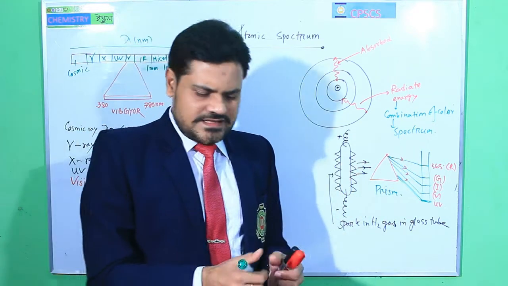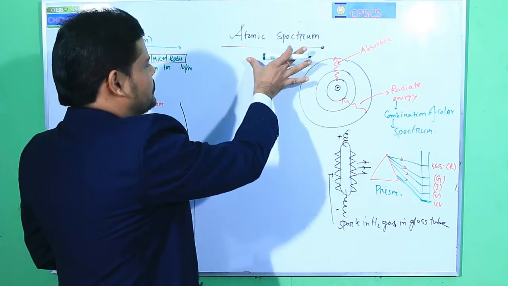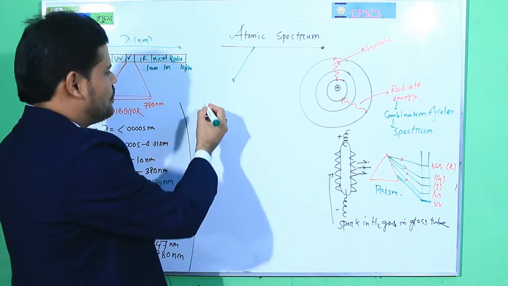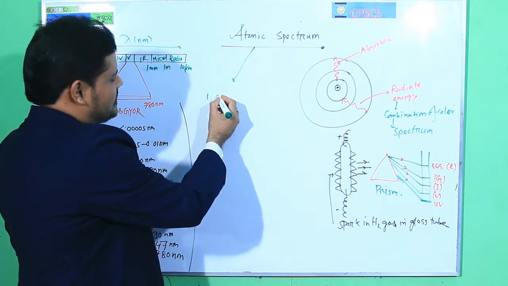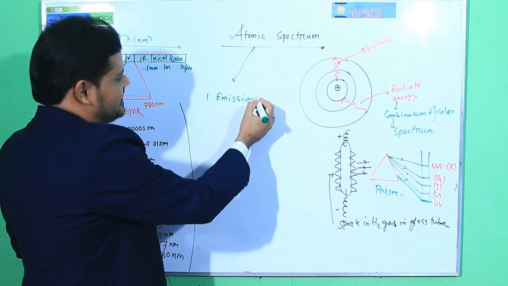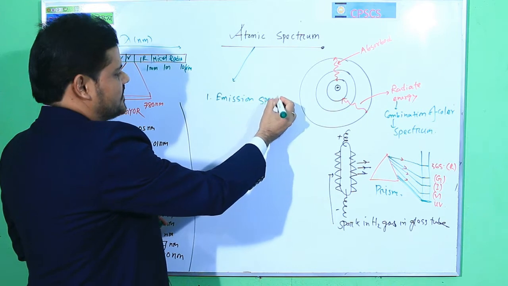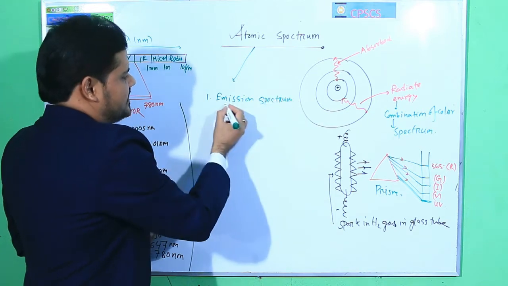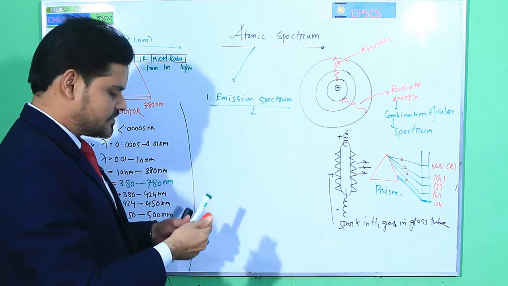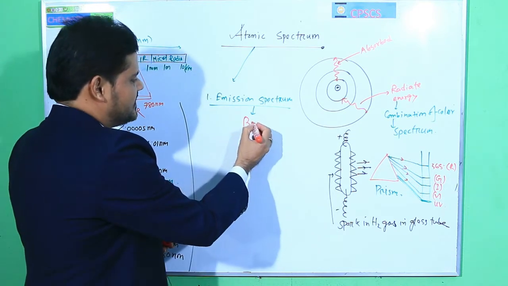According to the atomic spectrum, there are two types of spectrum. One is the emission or radiate spectrum. This spectrum is a combination of bright lines.